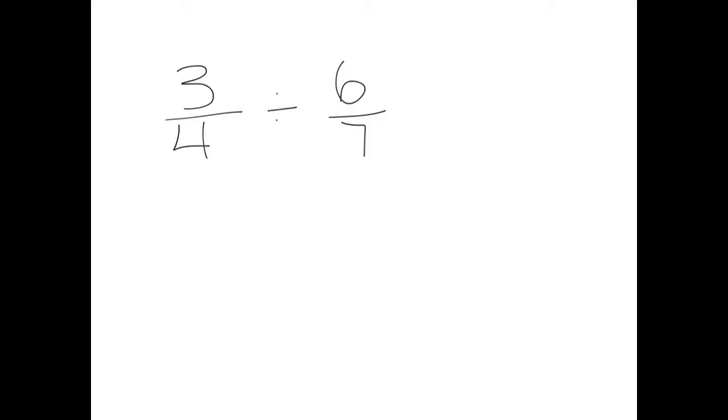Okay, today we had the problem of the day and we learned how to divide fractions. So we're first going to rewrite the problem. So 3/4 divided by 6/7. We will keep 3/4. We will change the division sign to a multiplication sign. And we will flip 6/7, which would go to 7/6.